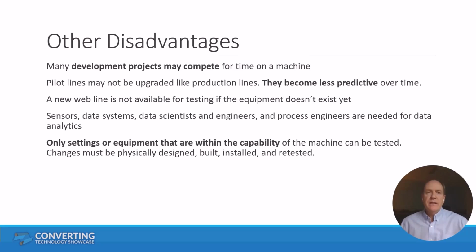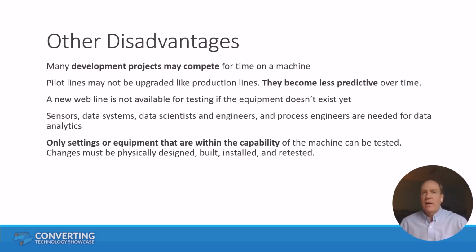Some other disadvantages: if you have a number of different projects, a number of different products competing for time on a machine, then it may stretch out the schedule for all of those projects as they compete for time on a limited asset.